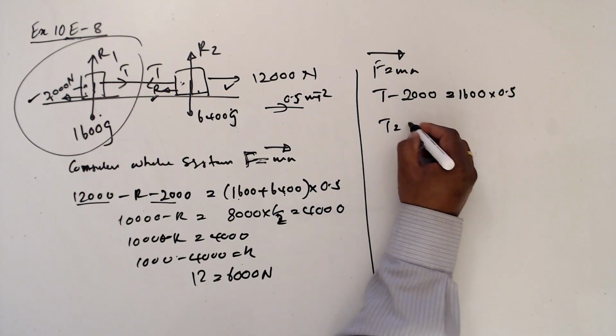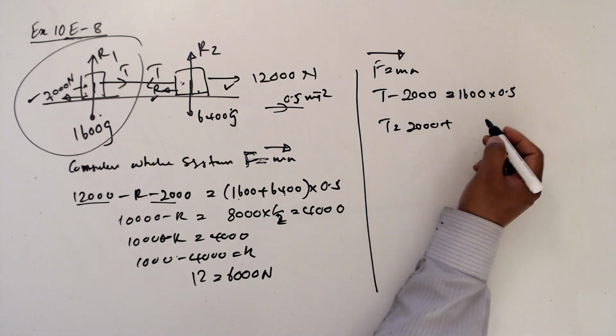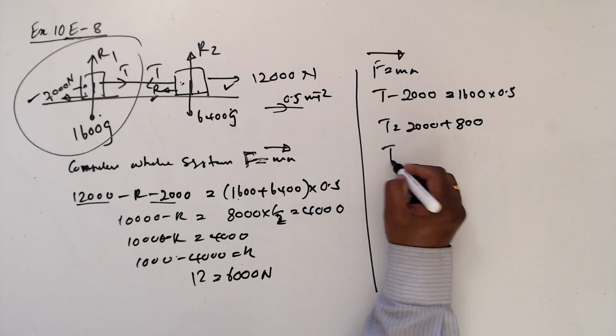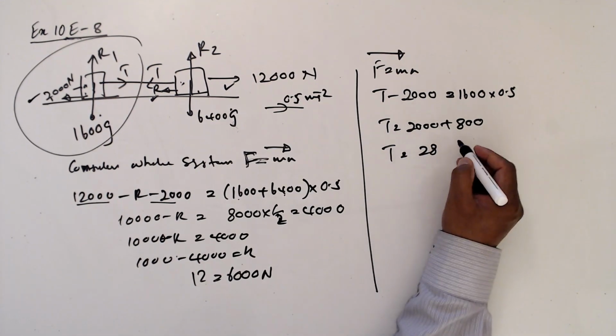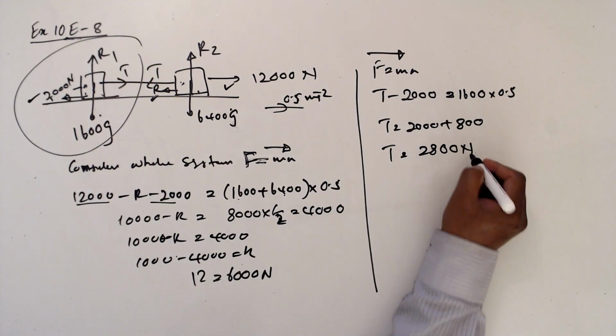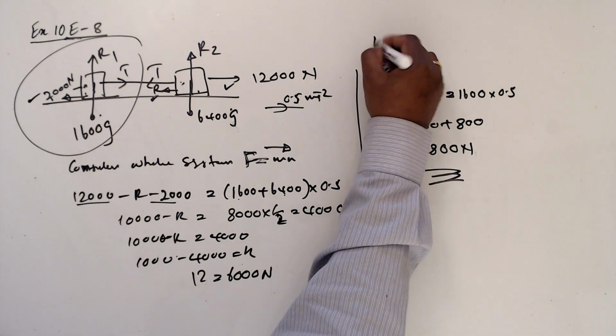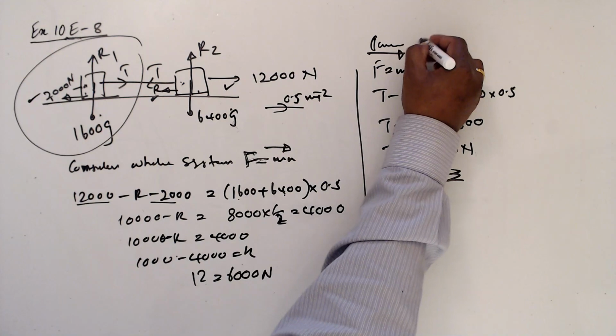So T equals 2000 plus 1600 times half, which is 800. So T equals 2800 Newton tension.